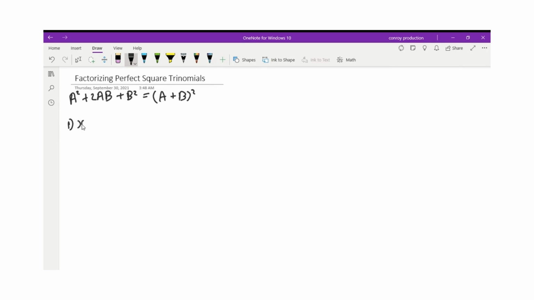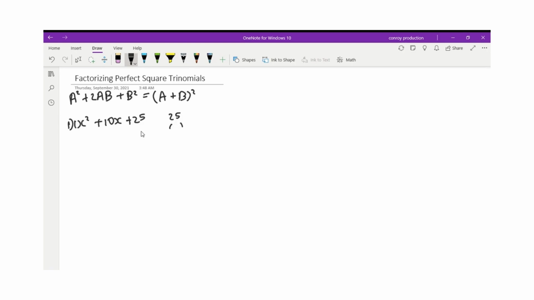Alright, in our first example, we have x squared plus 10x plus 25. And we know that the 25 is a perfect square. What we're going to do is find two factors of 25 that when we add them, we get the b term, and when we multiply them, we get a times c. So we multiply a times c, which is 1 times 25, which is 25.